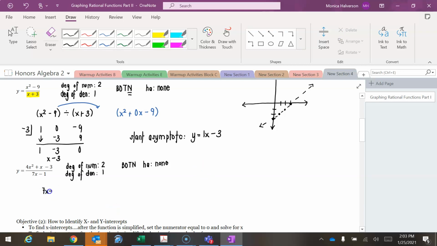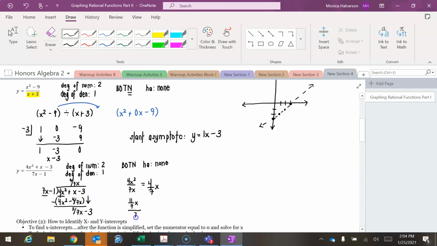If we remember, we're only dealing with the first terms when we do long division. So 4x squared divided by 7x becomes 4/7 x. We put that here and multiply, and we get 4x squared minus 4/7 x. Then we subtract, and we get 11/7 x minus 3 when we drop down the 3.